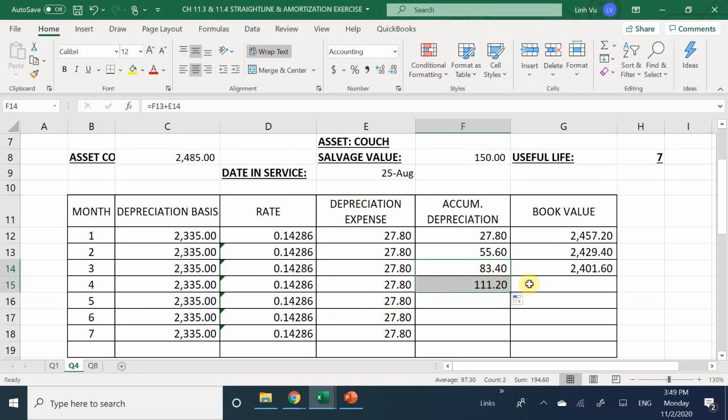Good. Bringing your book value to be the 24.85 minus the 111.20 is 2,373.80. Good. Yay.